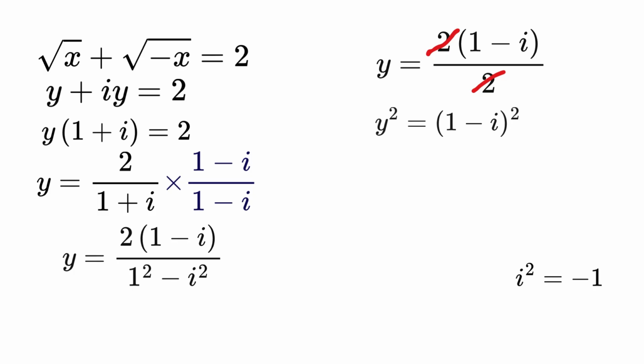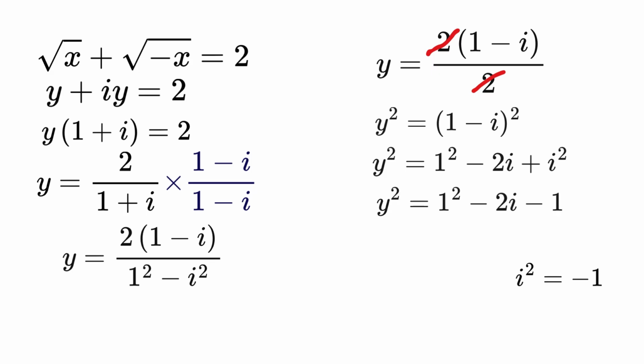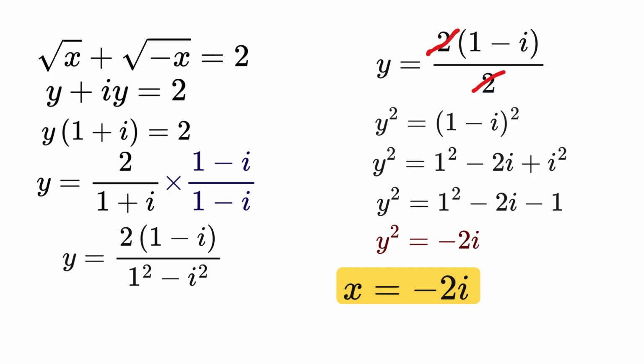By expansion, it becomes y squared equals 1 squared minus 2 iota plus iota squared. By solving this, y squared equals minus 2 iota. Remember, y squared equals x, so replace y squared by x, and this becomes x equals minus 2 iota. So that is our final answer.